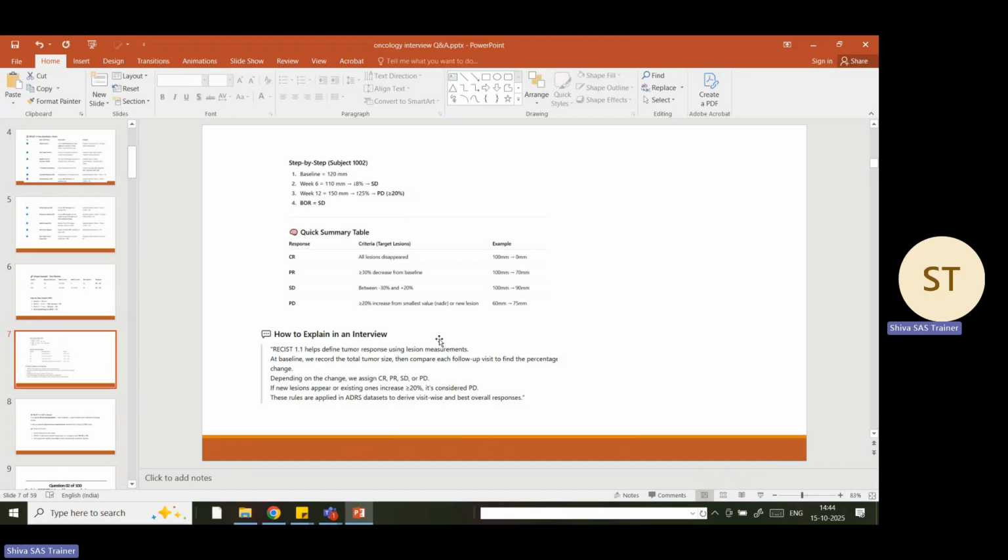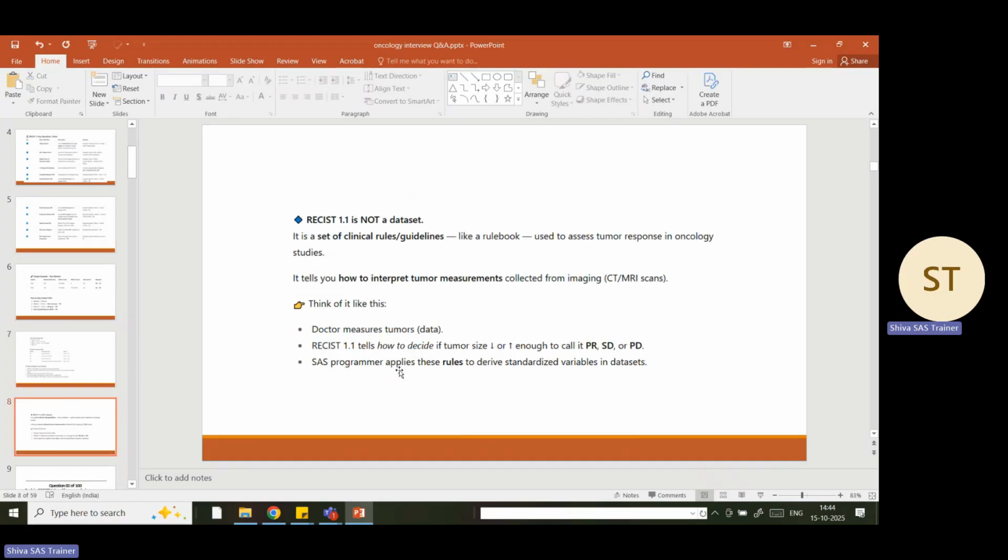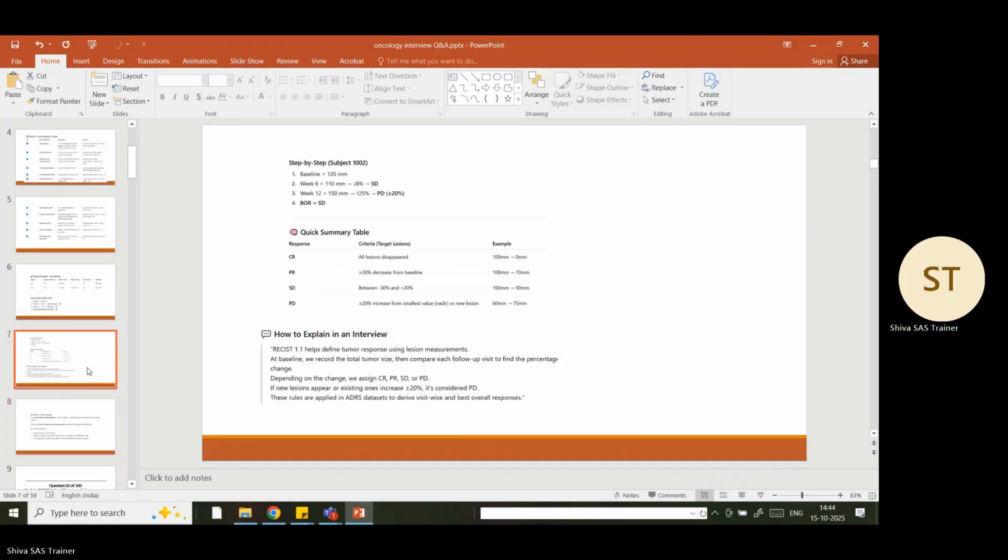Okay. So how do we explain this question in an interview? RECIST 1.1 is a guideline that helps to define the tumor response using the measurement at the baseline.